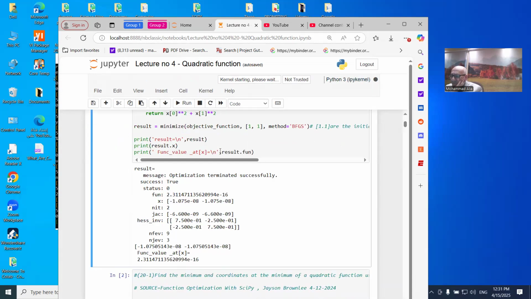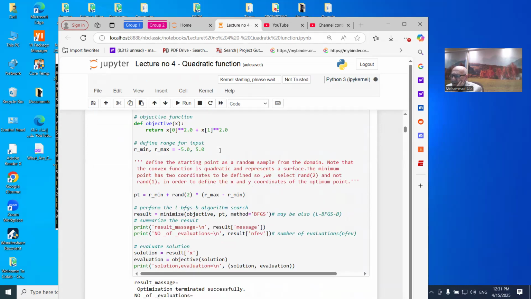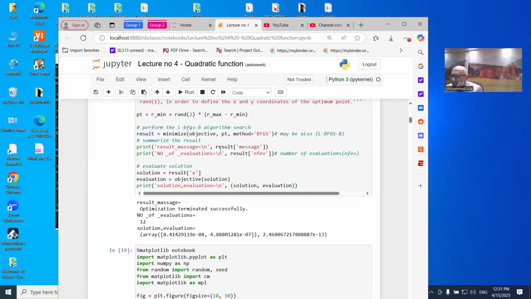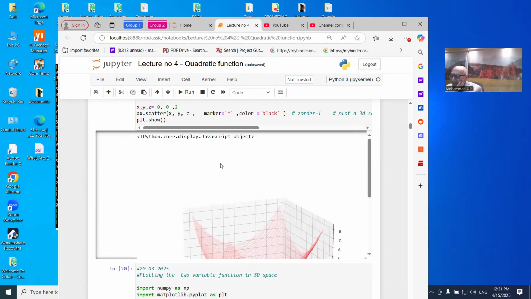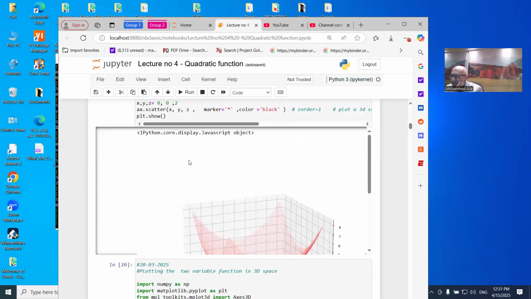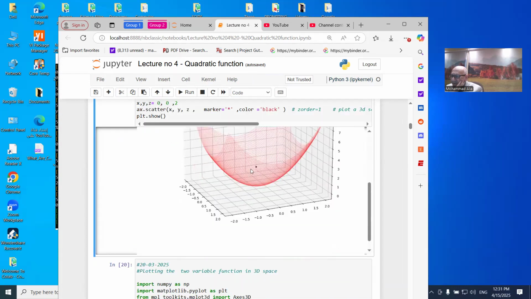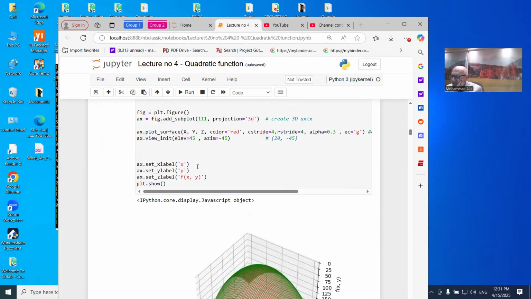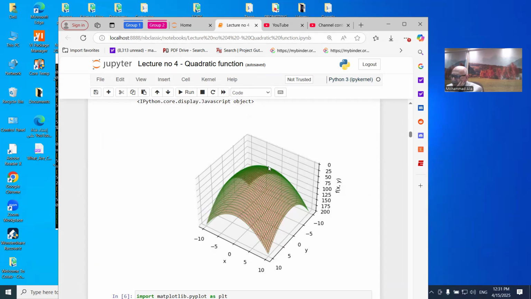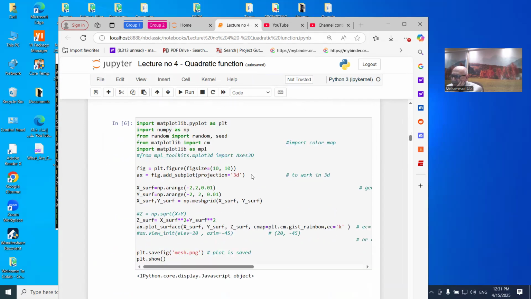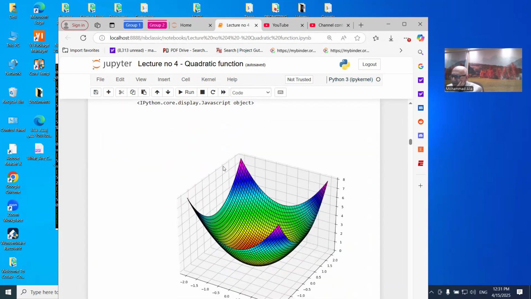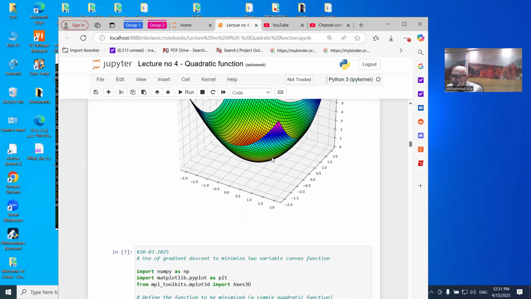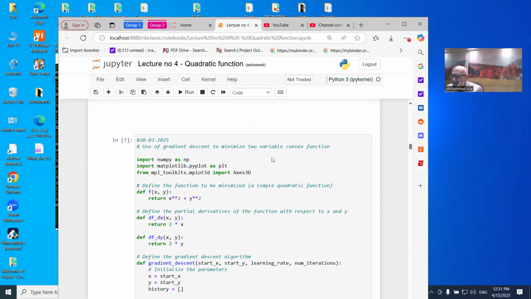So if you remember, we have covered this part and we plotted this figure and overlaid the point where the minimum is. And also we plotted the other figure with some modifications, using rotating angle activities.